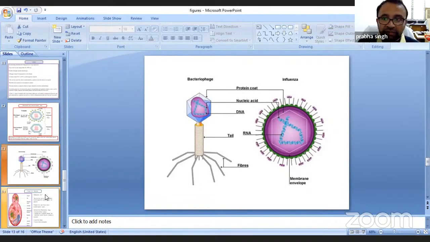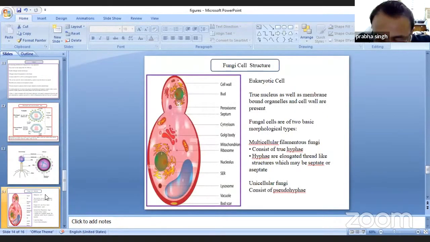Okay, then we have to go through fungi also. So fungus, it's definitely a eukaryotic cell, and like other eukaryotic cells, fungus में true nucleus present होता है, well membrane or membrane bound organelles are also there, cell wall is also present. Cell wall in the case of fungi is made up of chitin, right?